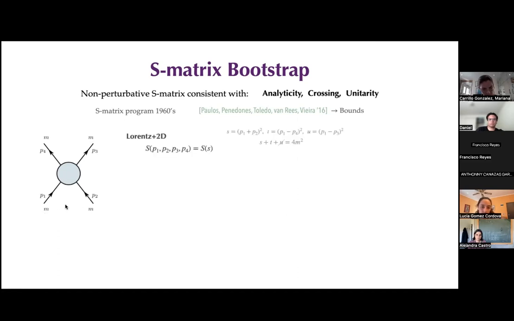And in 2 dimensions, you can see that this amplitude, which depends on the 4 momenta here, is actually a single function of a single variable s, where s is the Mandelstam invariant given here. And this is because you have usually this relation between the 3 Mandelstam invariants, s, t, and u.